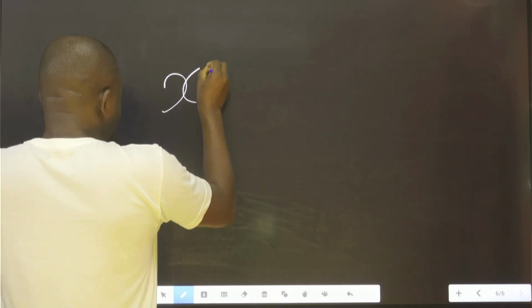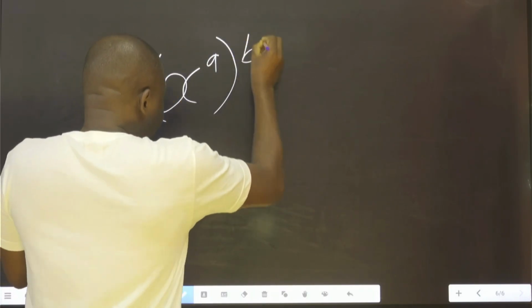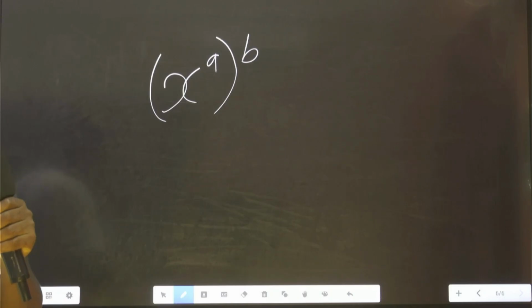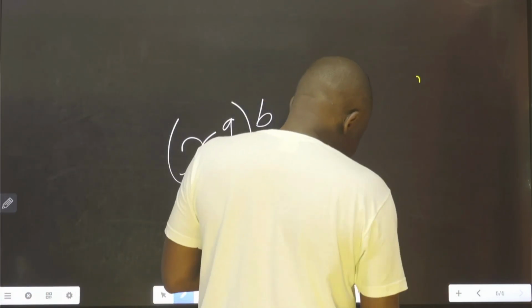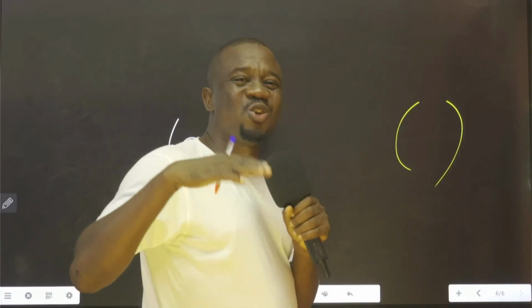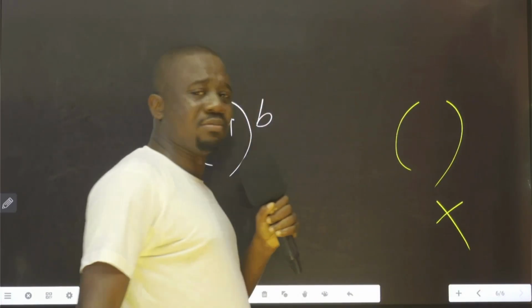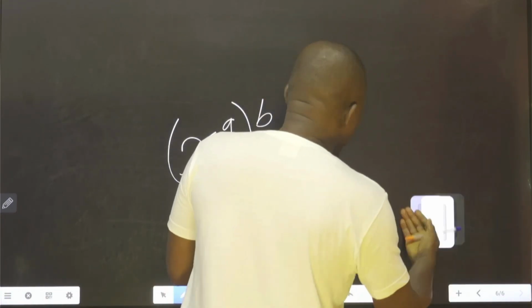Let's look at this one. If you have this x raised to power a, b outside, remember, whenever you see a bracket anywhere in mathematics, you can replace it with multiplication. So this one is not actually difficult.